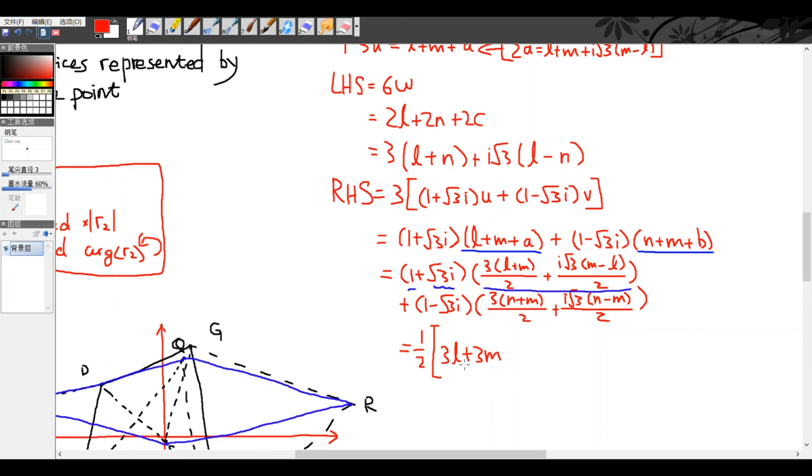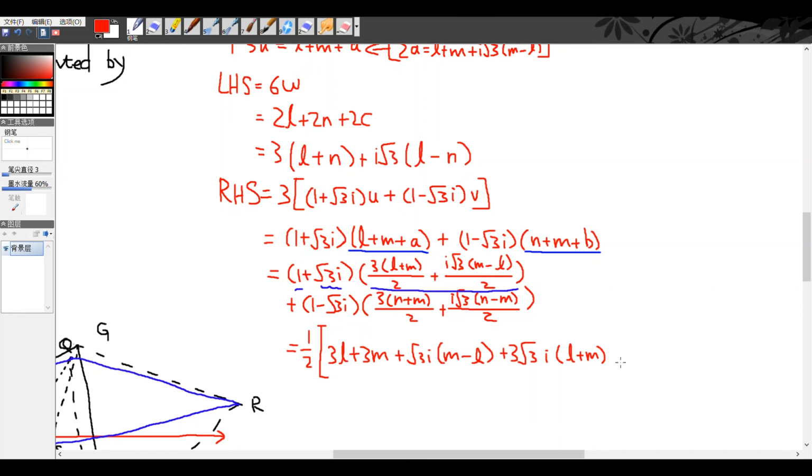So here we have 3L plus 3M plus the square root of 3i times M minus L, and then we have plus 3 times the square root of 3i times L plus M, and plus, so the square root of 3 squared is 3, and the square of i is -1, so we have negative M plus L. Oh sorry, negative 3M plus 3L.